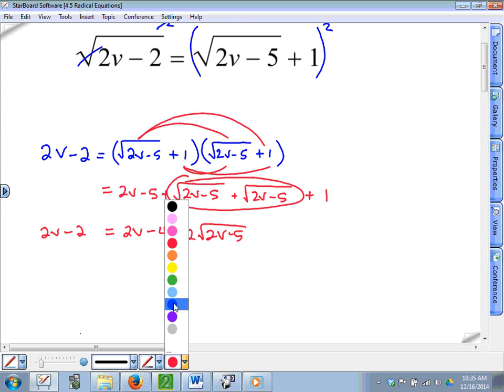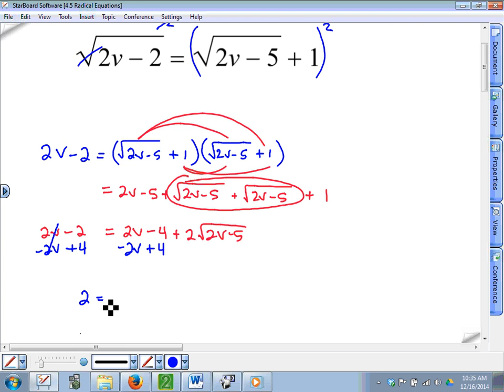So, subtract 2v and add 4. So you're going to get 2 equals 2 times the square root of 2v minus 5.